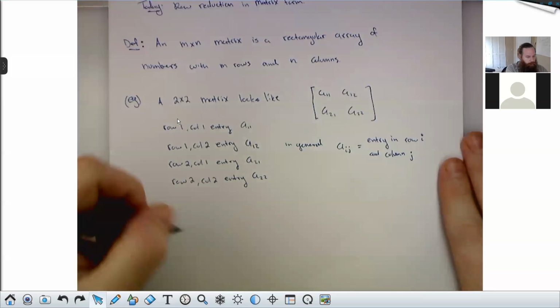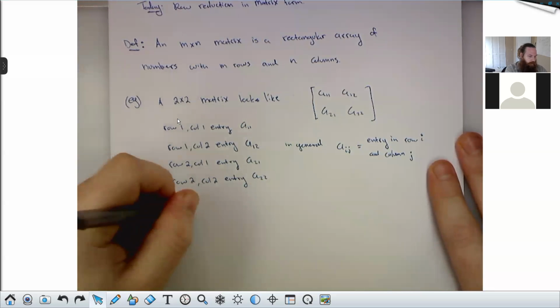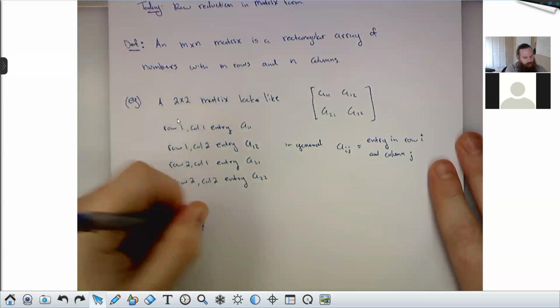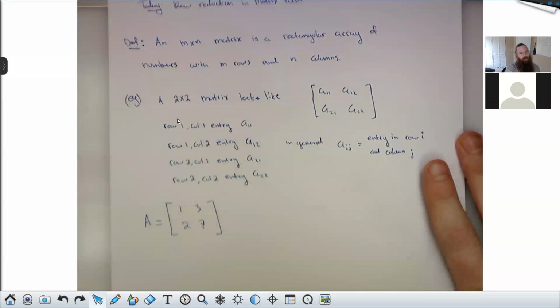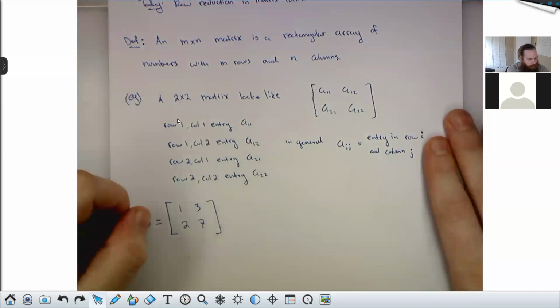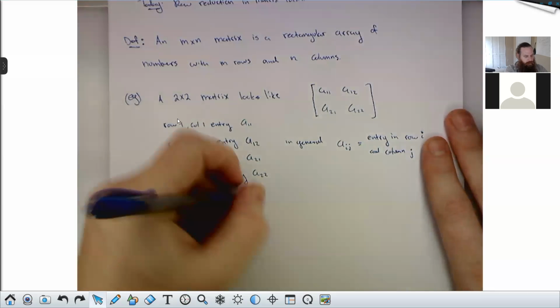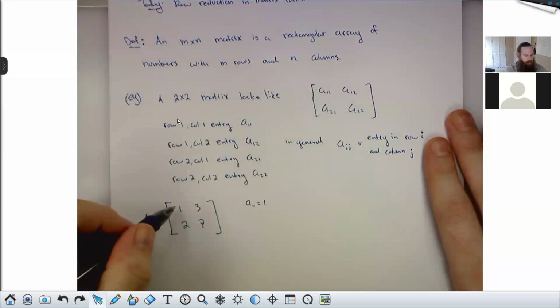An explicit example of a 2x2 matrix would be like 1, 3, 2, 7. We usually call these things by capital letters. So here, capital A is the whole matrix, and its entries are A11, which is 1, row 1, column 1.